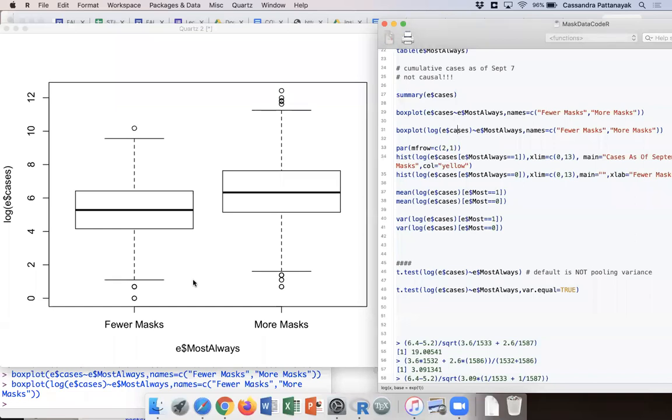Look at this. The medians are pretty far apart, and I know the sample sizes are enormous.